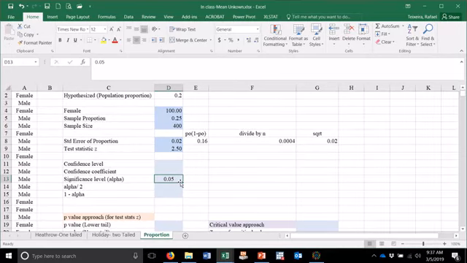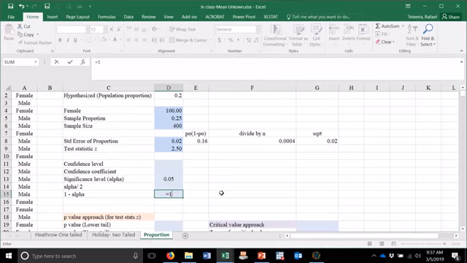So if it is in the upper tail, I have to perform this computation here, equal 1 minus the significance level alpha. I do that, and then I have the entire area up to the upper tail, which gives me 0.05 above the upper tail.